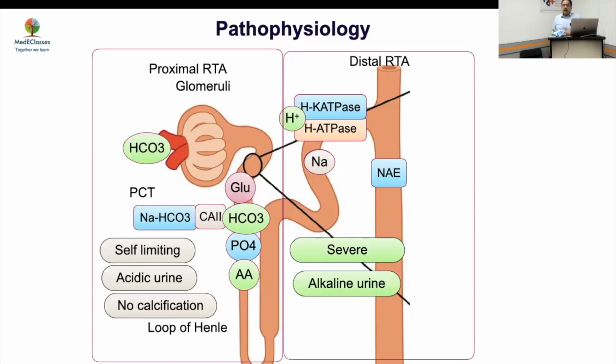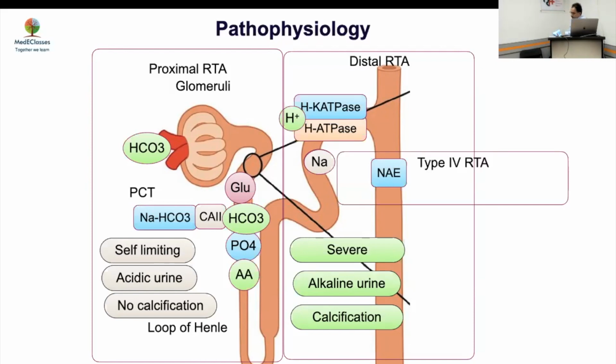You will never have acidic urine because you cannot excrete protons. So it's acidic blood with alkaline urine. That makes it very clear. And you will of course have nephrocalcinosis because there is no citrate in the urine. And because acidosis is more, the severity of hypercalciuria will also be more. This is expected.